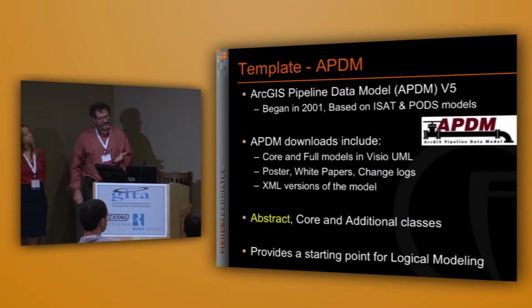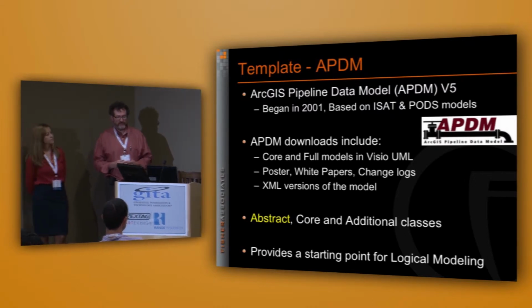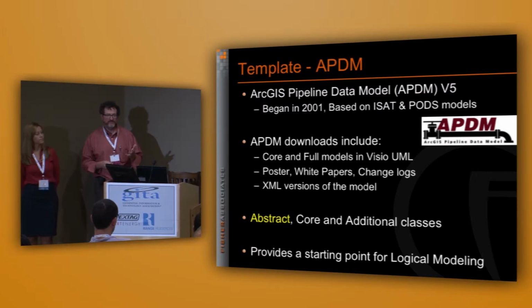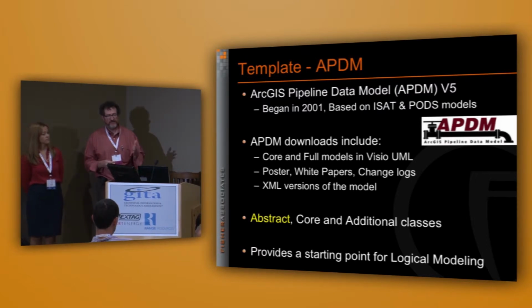So the APDM is a template. It started out in 2001 with version 1, and now they're at version 5. The different versions have added to and subtracted from the core, and they have changed and improved the ways the data are organized inside the model. They become more streamlined and easier to update.